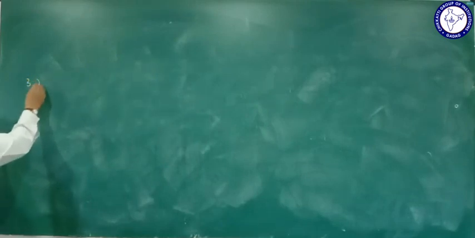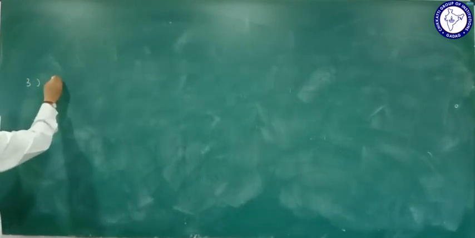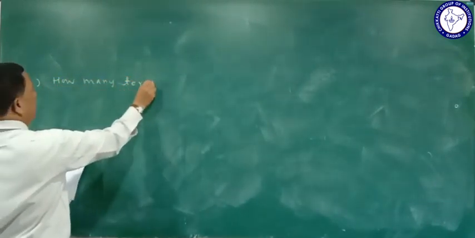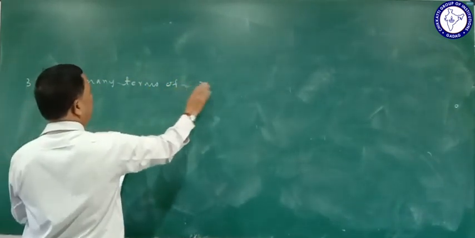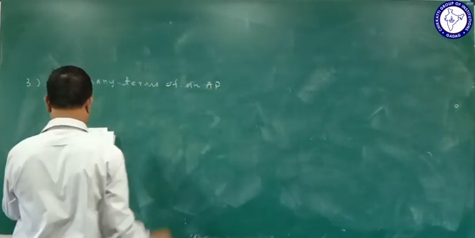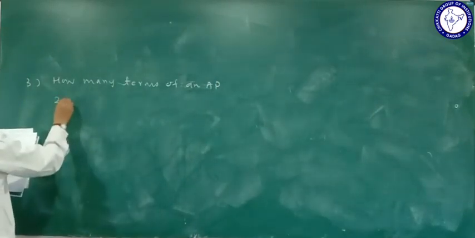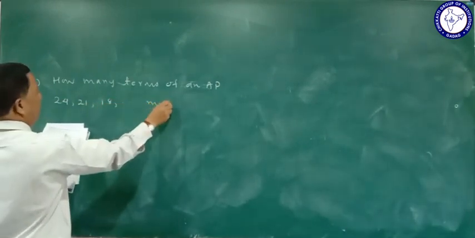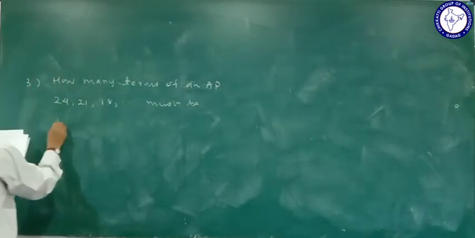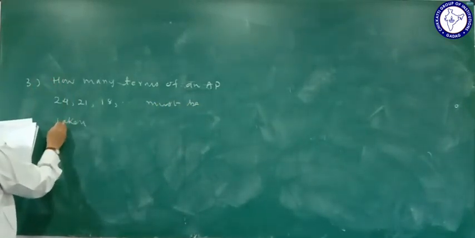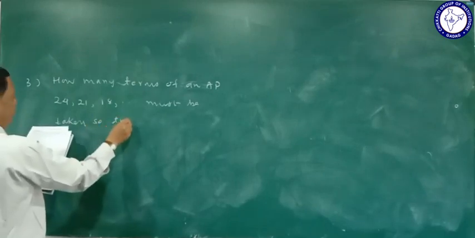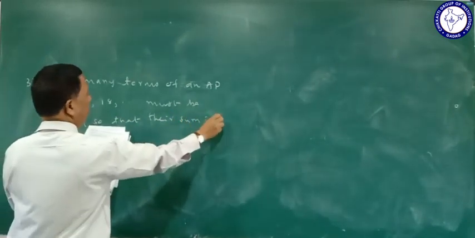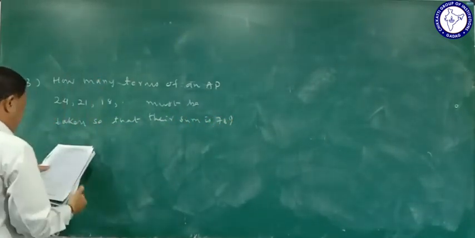See this number 3. How many terms of an AP, that is 24, 21, 18, must be taken so that their sum is 78?